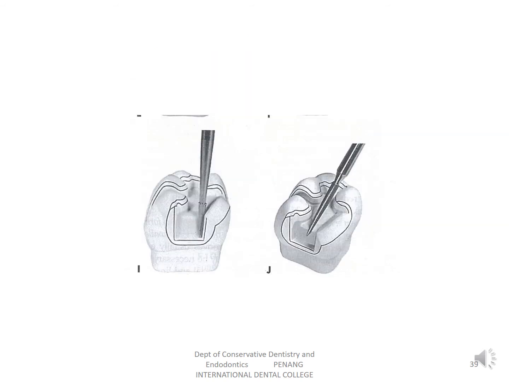After the cuspal reduction and counter beveling, we take a 169L bur and prepare proximal grooves for secondary retention. The 8862 diamond is used to bevel the axiopulpal line angle.